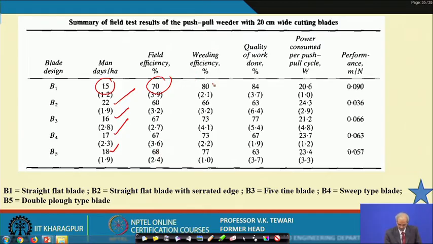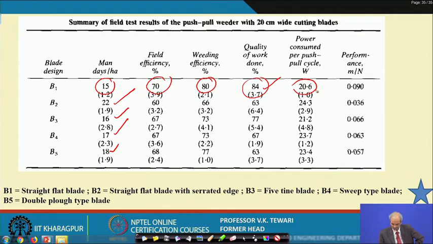The weeding efficiency is also very high, the quality of work done is also very high here. This is because this has straight blades. The serrated ones sometimes leave the blades and proper sharpening does not take place. That is why you find that the quality of work done for B1 is very high. The power consumed is less also.